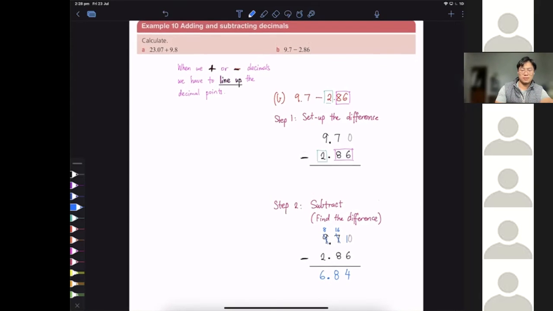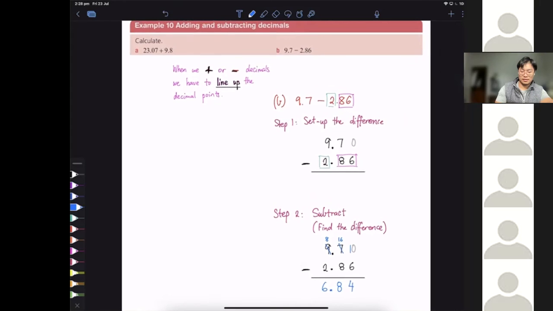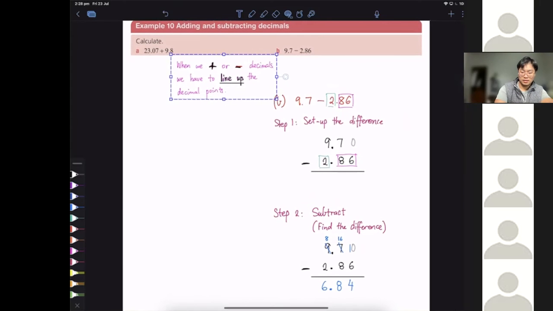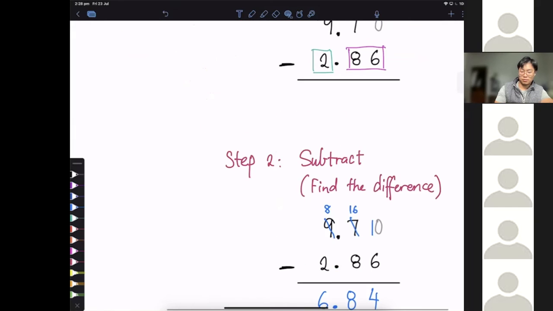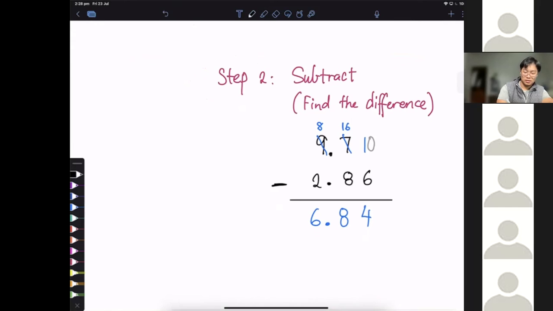Any questions, Mohammed? I didn't hear you properly, but why did you put a 16 there instead of a 7? So we went through the steps. That 16 there came from borrowing, yeah?